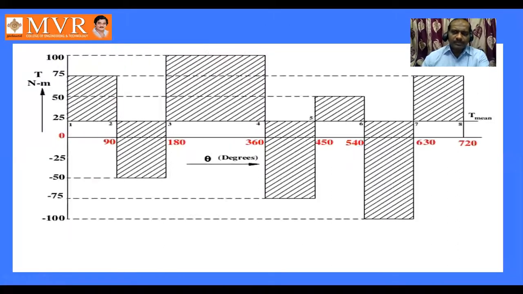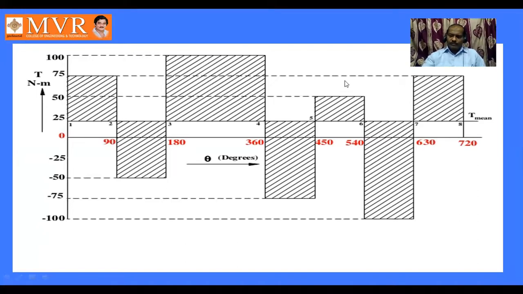Next. So the same diagram is drawn in the form of hatching, so that we can have a clear understanding. So same diagram they have drawn, that is 75 degrees, 75 torque value, 90, 100. Here also once again they have given a gap of 180 degrees and 450, 540, means the same diagram is drawn, but to have a clear presentation they have gone for hatching.